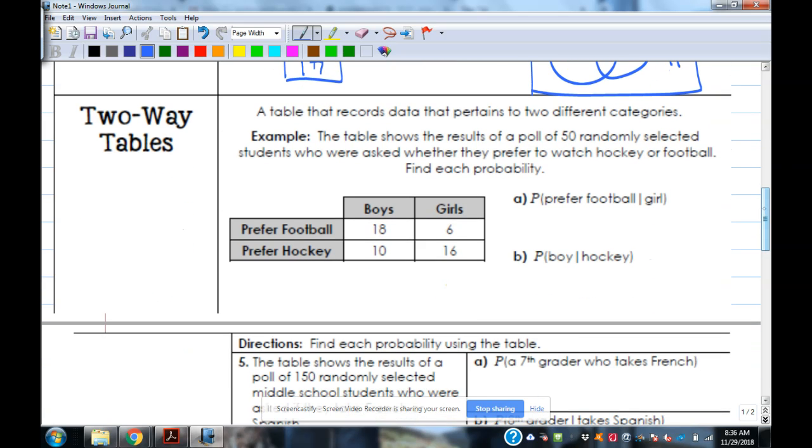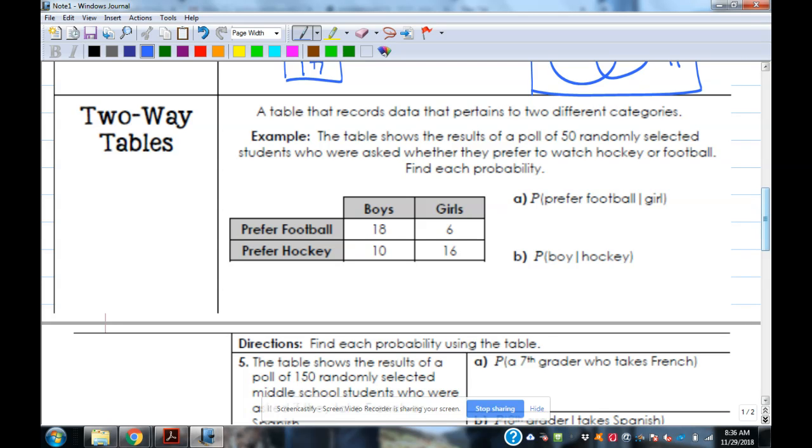Two-way tables. Fun times here. A table that records data that pertains to two different categories, that's a two-way table. That's the definition of that. Here, this table shows the results from a poll of 50 randomly selected students. They were asked whether they prefer to watch hockey or football, and then we want to find each probability.